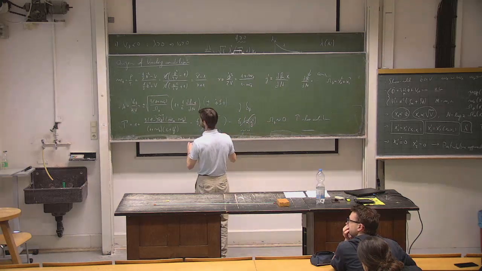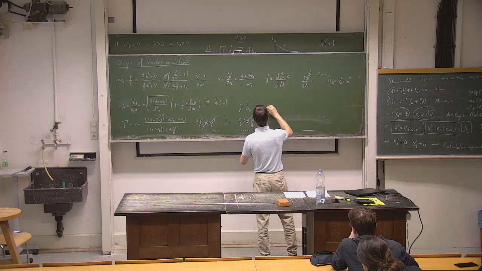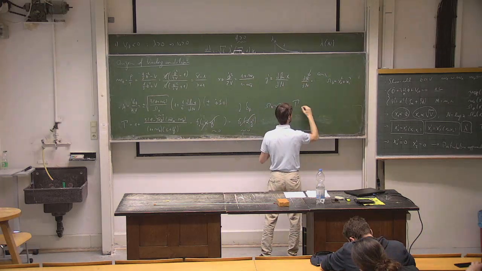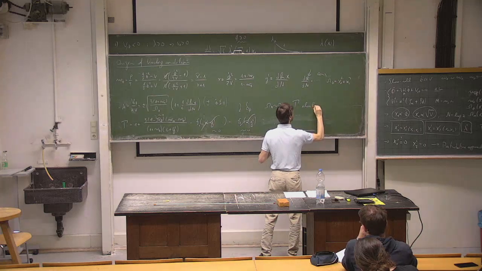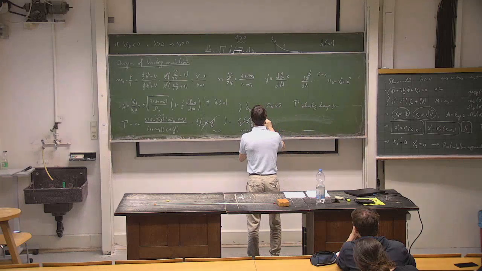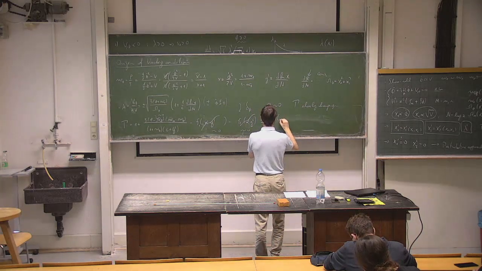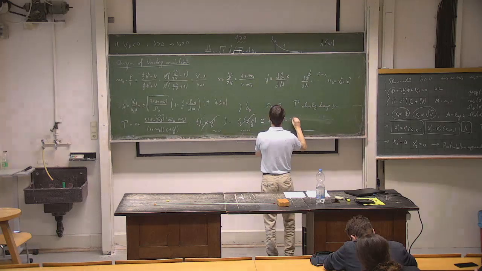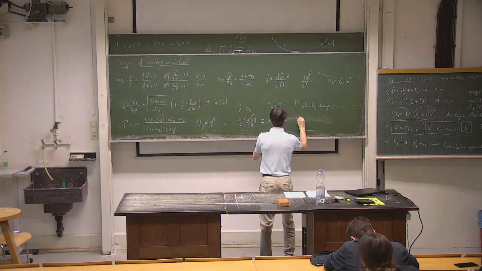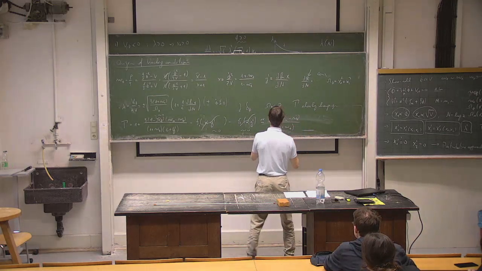Damn it, the problem with these small boards. So let's do it here. So omega phi, and the gamma slowly changing. Then this guy is becoming 1 plus Wm minus W phi, divided by 1 plus W phi.